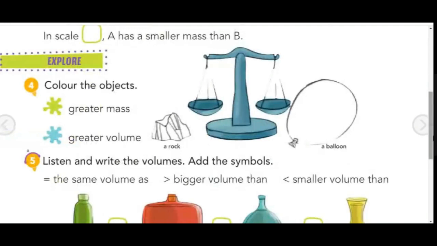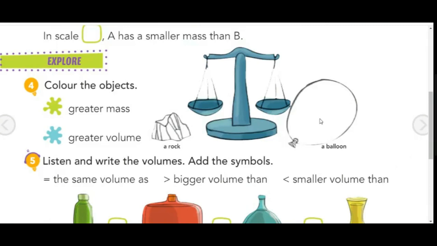Activity number 4. The instructions say color the objects. You have to color in green or blue. We have got 2 objects. Here we can find a scale, and here you can find a rock and a balloon.